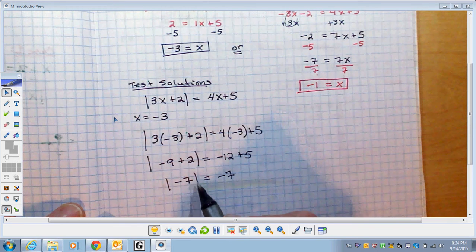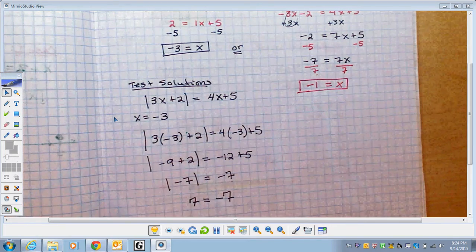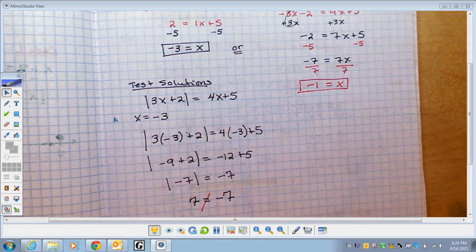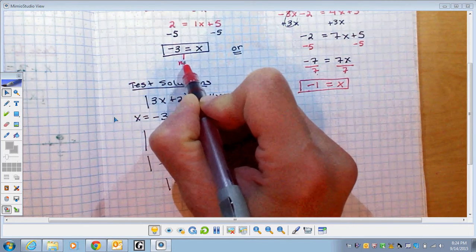But remember, absolute values can never be negative numbers. If I were to take the absolute value of -7, I get 7. So 7, that's the question. Does 7 equal -7? No. So this one here is not a solution.